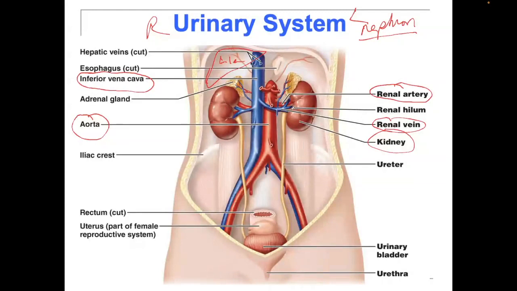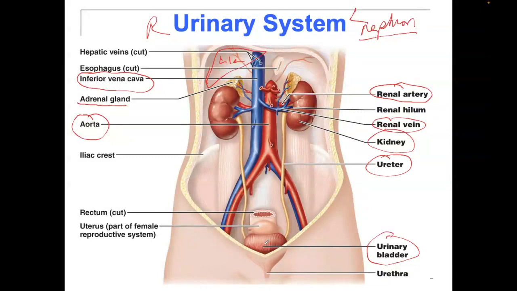Okay. So besides the two kidneys, we see the adrenals, also known as the suprarenal glands. They are above the kidneys. From the kidney to the urinary bladder, there is a connection referred to as the ureter.